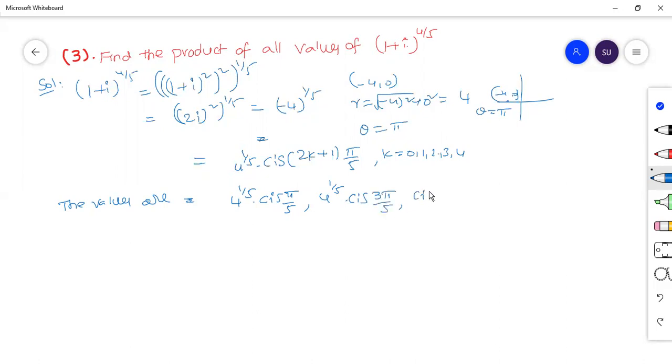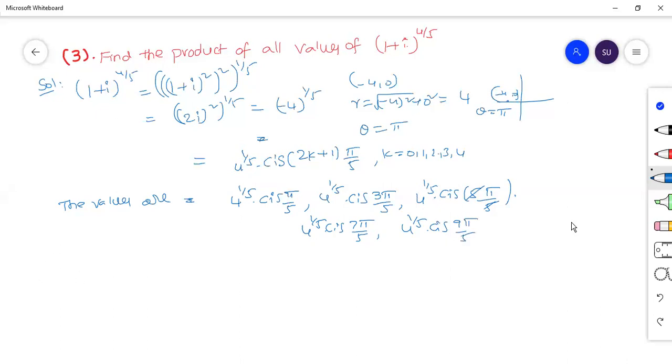Next, 4 power 1 by 5 into cis of (2 into 4, 4 plus 1) 5 pi by 5, which means 5 5 cancel, pi remains. Next, 4 power 1 by 5 into cis 7 pi by 5. Last one, 4 power 1 by 5 into cis of 9 pi by 5.